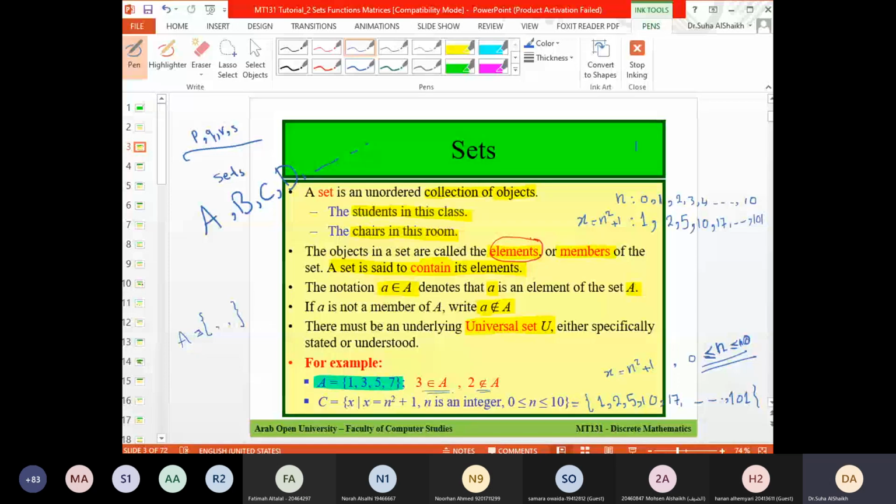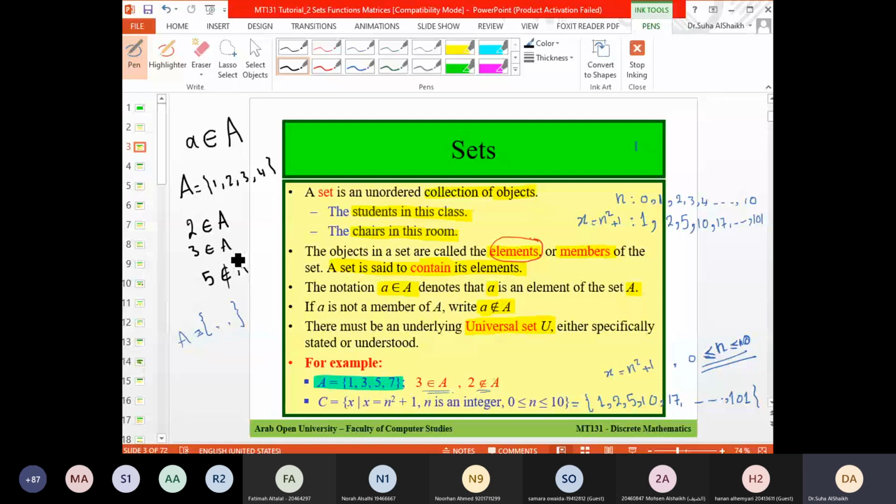What was your question, Ruwaina? What does it mean that the objects have something in common? Here we are talking about belong to. It means it is inside the set. The belong symbol means it is inside. So when I say small a belongs to capital A, it means it is inside the set A. For example, if A has the elements 1, 2, 3 and 4, who is inside it? 2 is in A. 3, I can say it's in A. Is 5 in A?